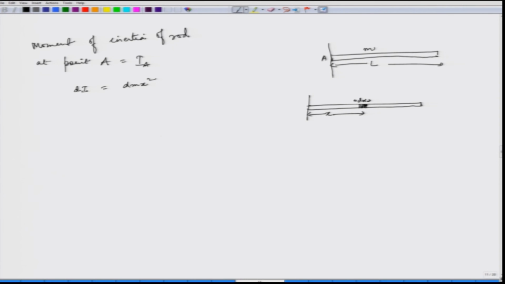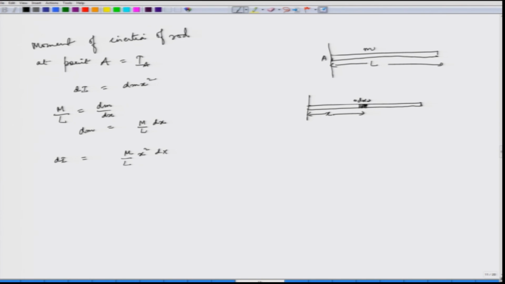Since the mass is uniformly distributed in the rod, mass m over length L is dm over dx. It is well distributed along the length of the rod, and from here dm is given by m by L times dx. So my dI is nothing but m by L times x square dx.